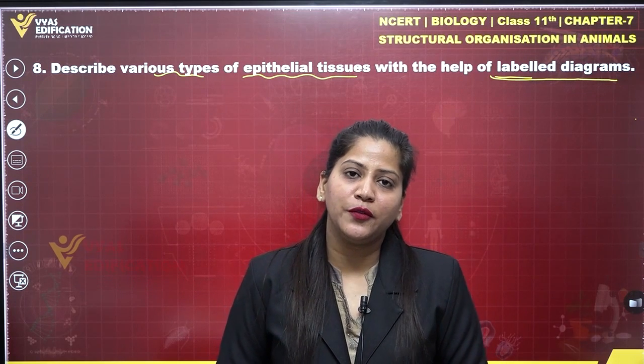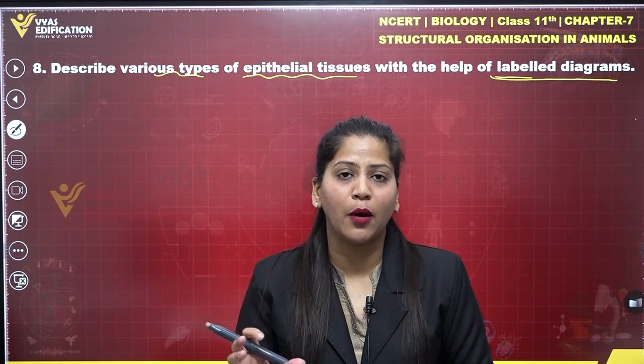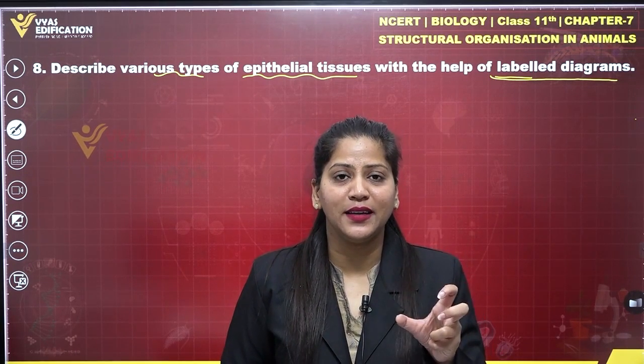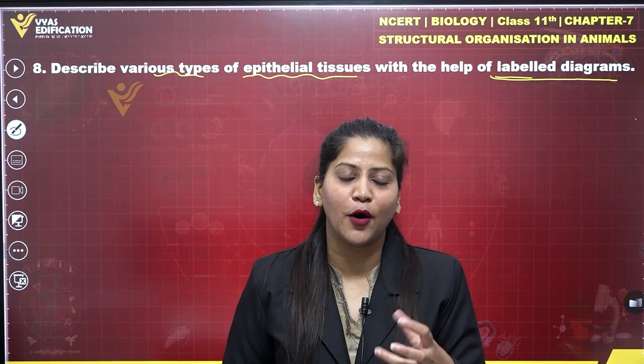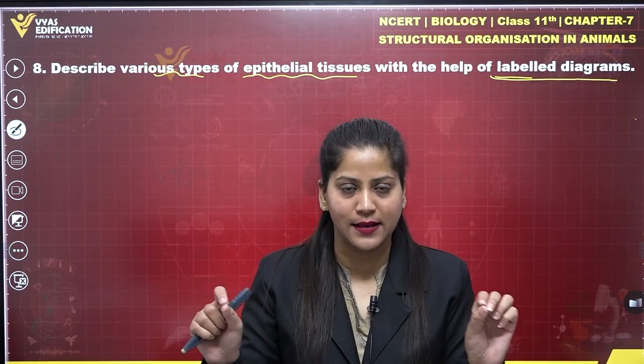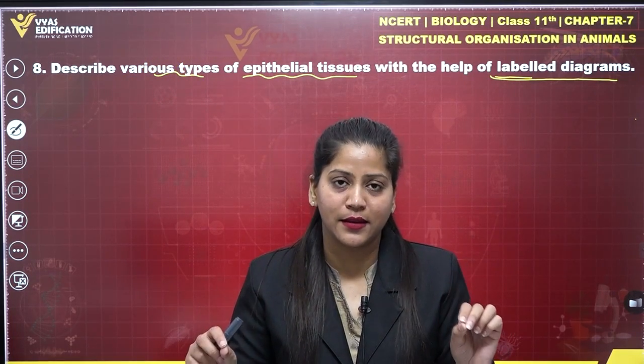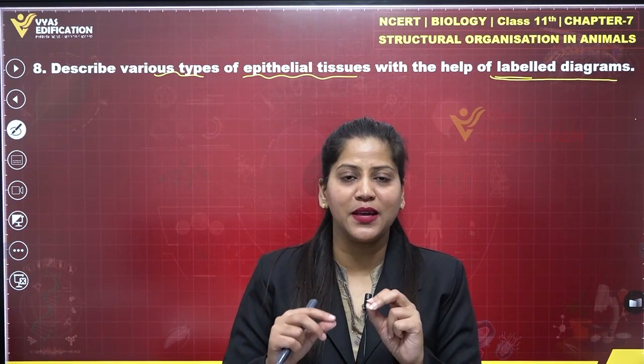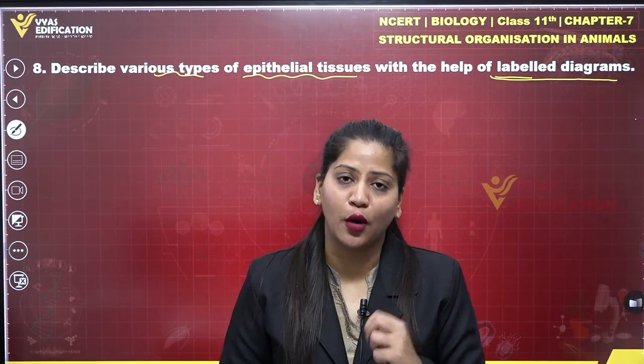The basic difference is that simple epithelial tissue is made up of only a single layer of cells, right? And the main function of this simple epithelium is secretion and absorption.